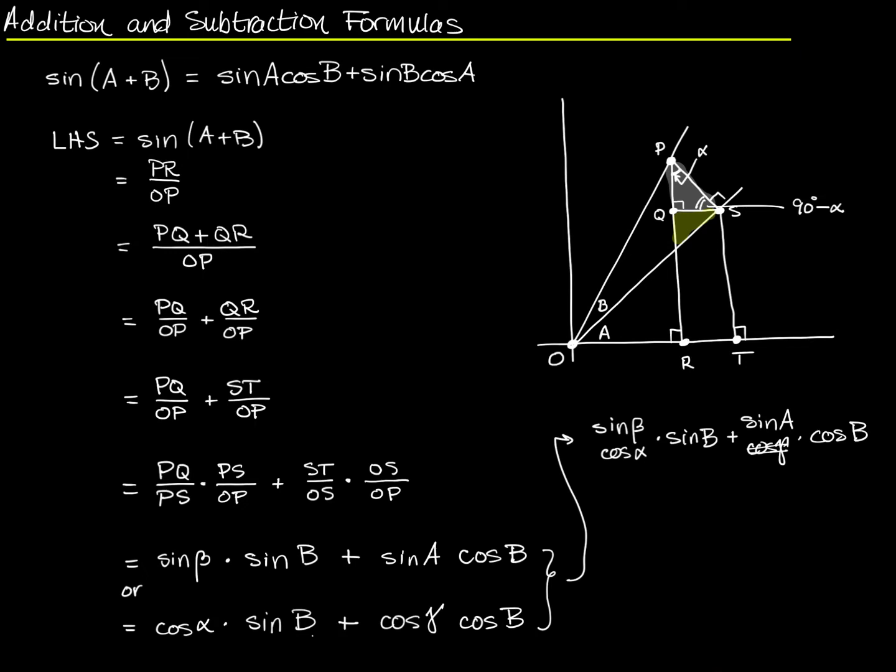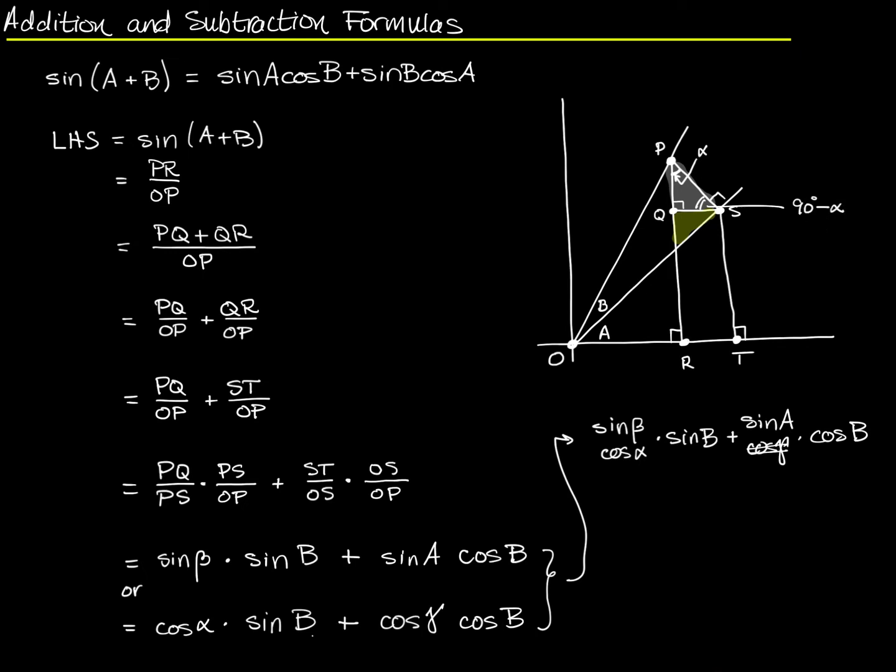Now, the reason that's important is that I also know these two angles, I'm looking at a bigger triangle now. These two angles here also add up to 90. So whatever this one is, this one plus this one have to equal 90. This one is the same as we had here.